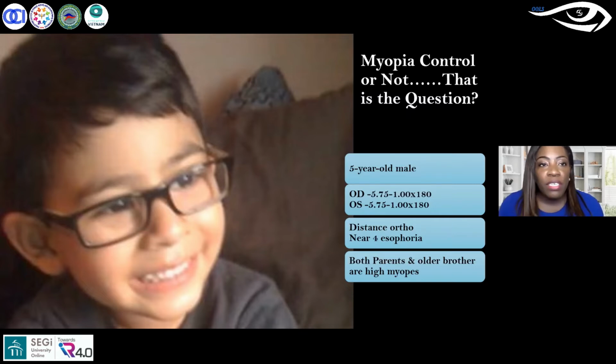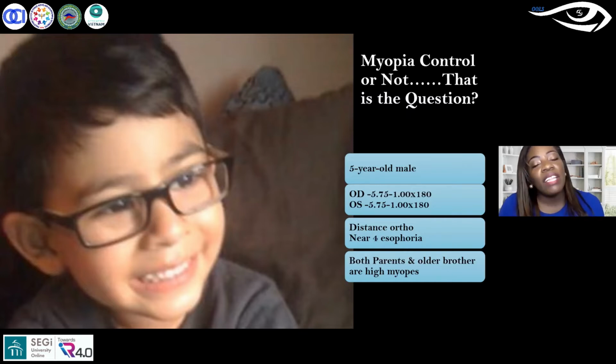So for me, 5 years ago, we did not have nearly the treatment options that we have today. So the question of myopia control or not actually was a question, where today it would be no question that we would initiate myopia management for this child.